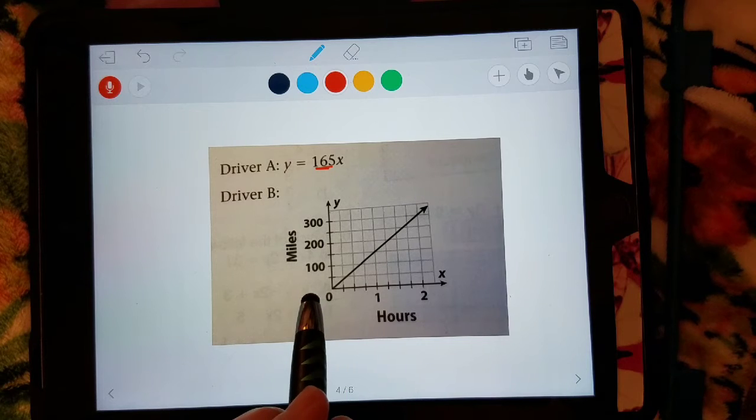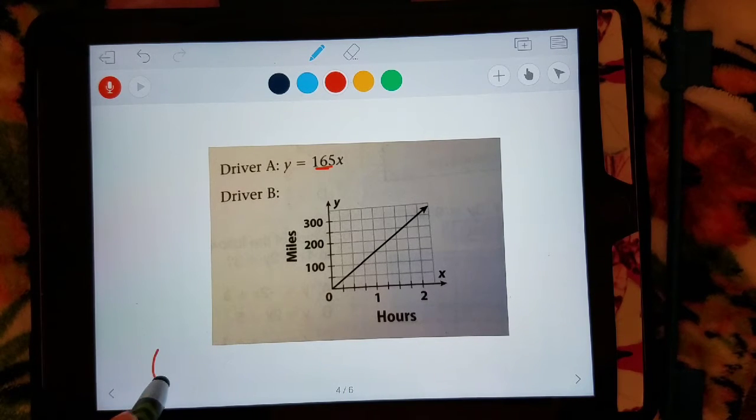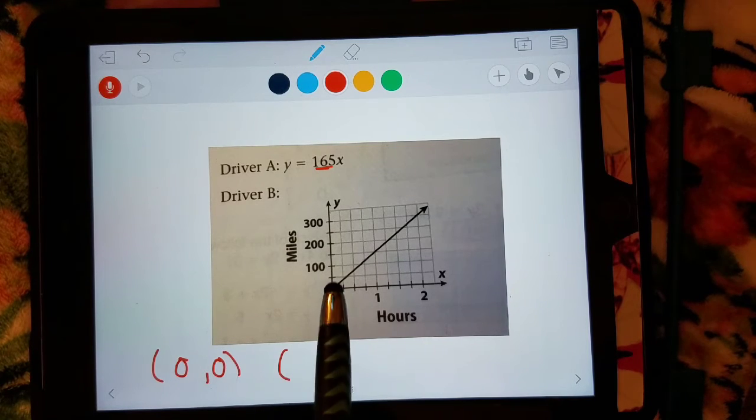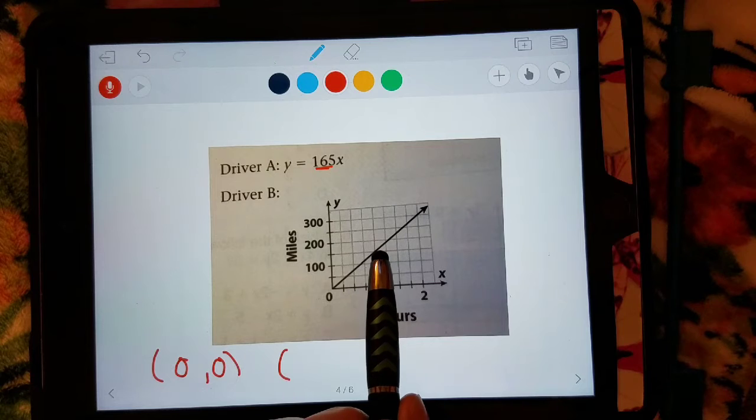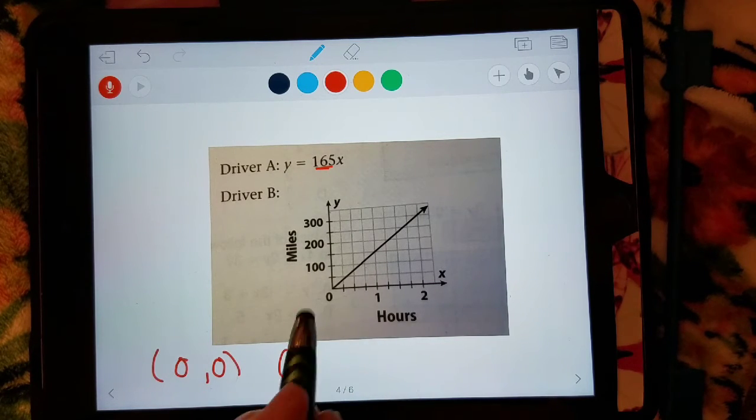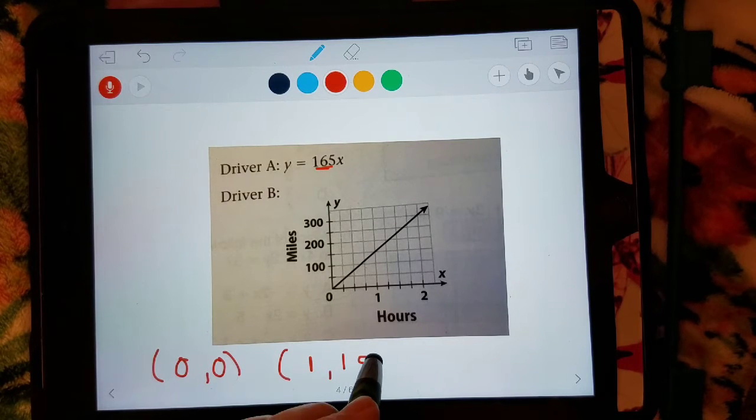All right, I want to use the point 0, 0. And we could use the point 1 and 150.